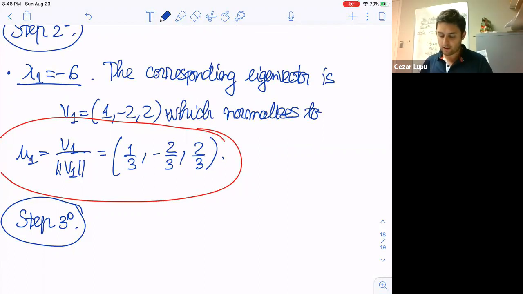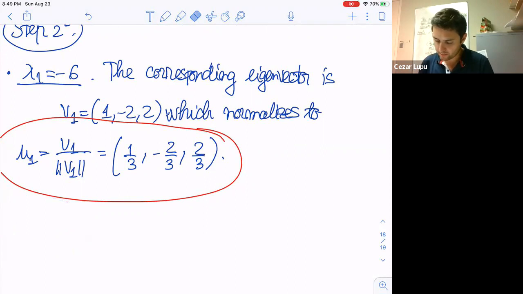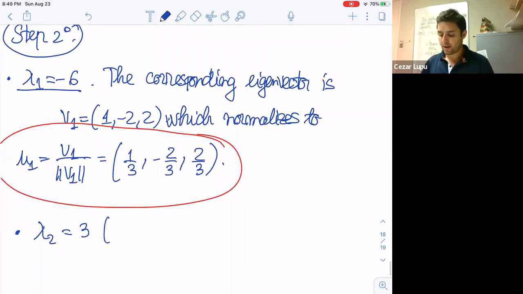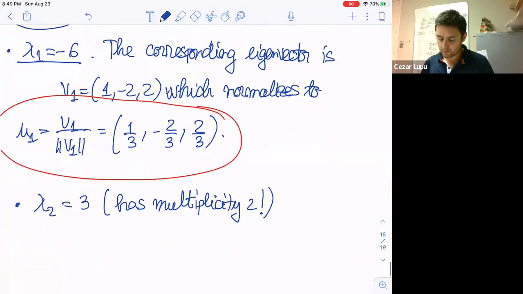Now, if we want to look at the two eigenvectors, for lambda 2 equals 3, let's keep in mind it has multiplicity 2. Let's not forget that. We'll have 2 eigenvectors.